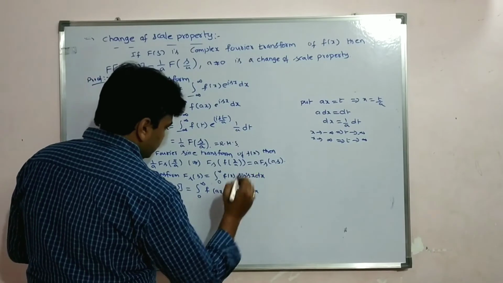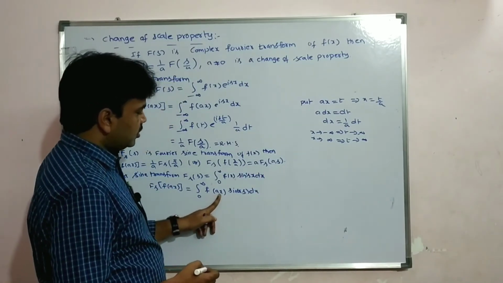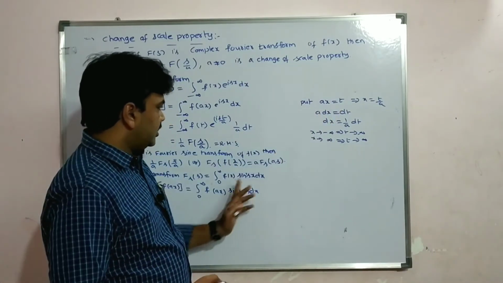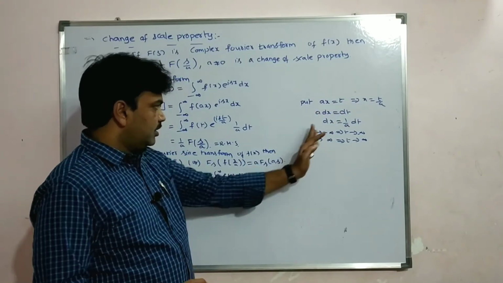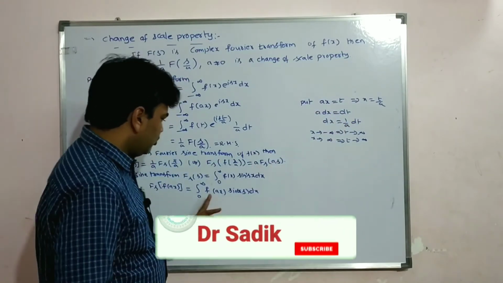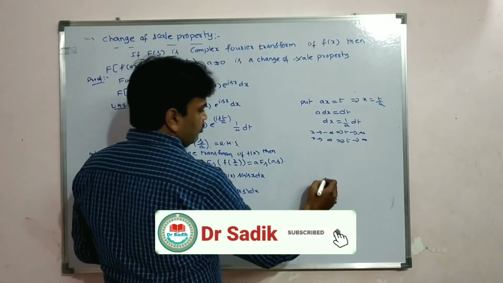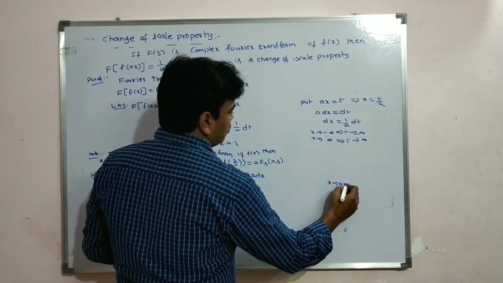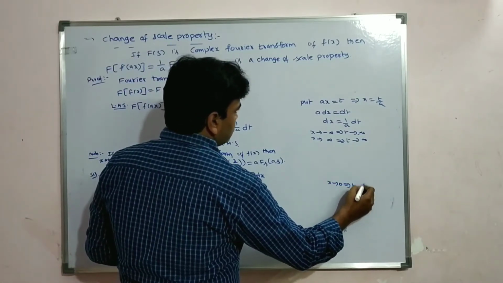dx. Same, students, again ax is equal to t, a dx is equal to dt, dx is equal to 1 by a dt. Now the limits: whenever x tends to 0, t tends to 0, obviously.